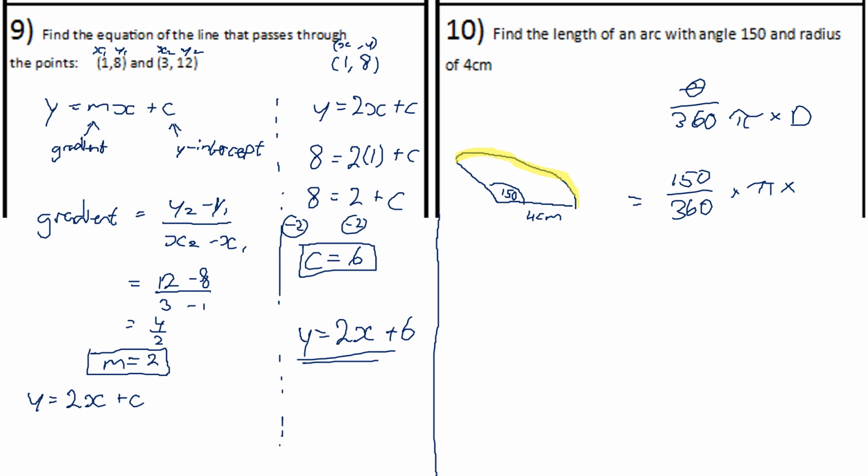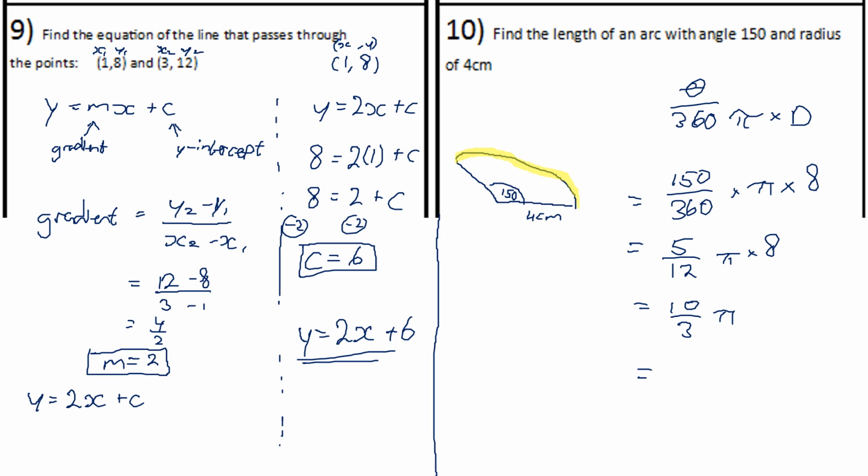The radius is 4, so the diameter is 8. We can simplify that to 5 over 12 times pi times 8, which gives me 10 over 3 pi.